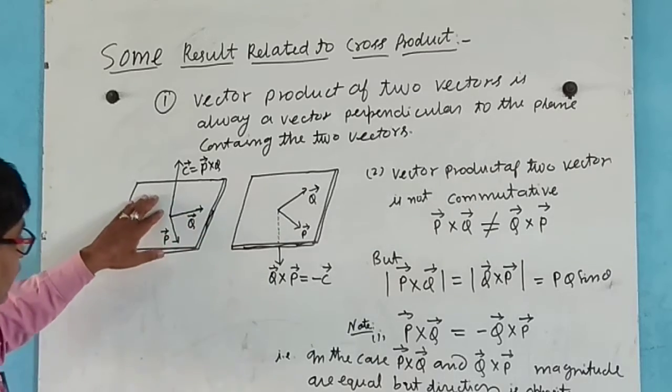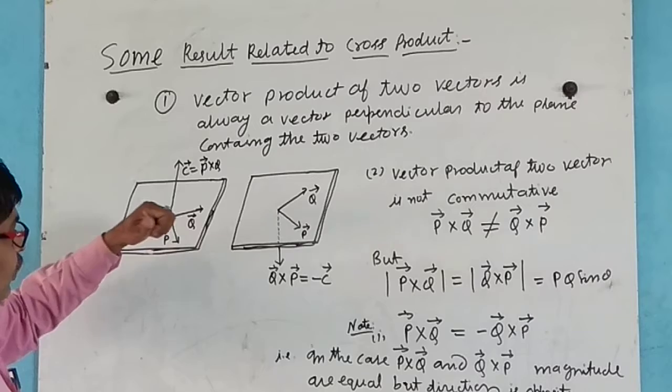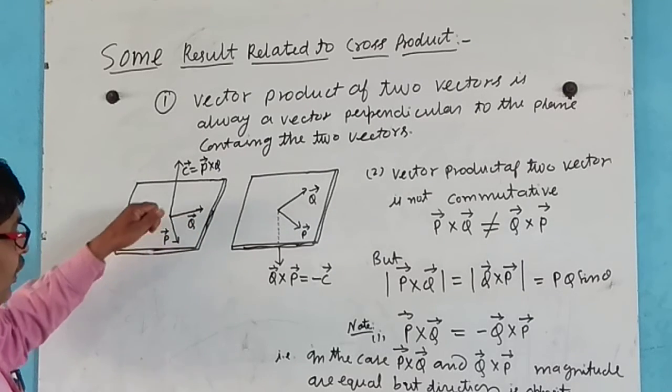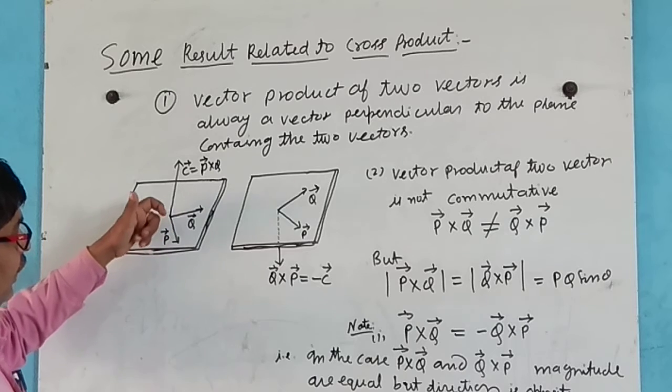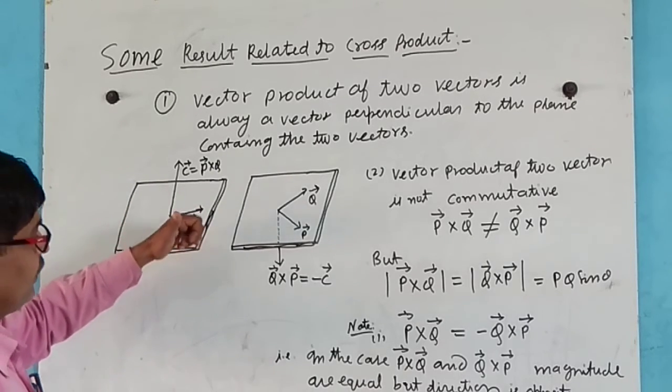It means that this is a plane and this is perpendicular to it. If we take the cross product of P and Q, then P cross Q is perpendicular to this plane.